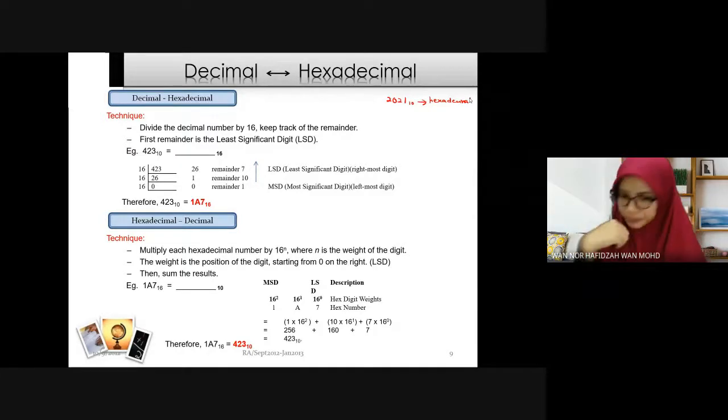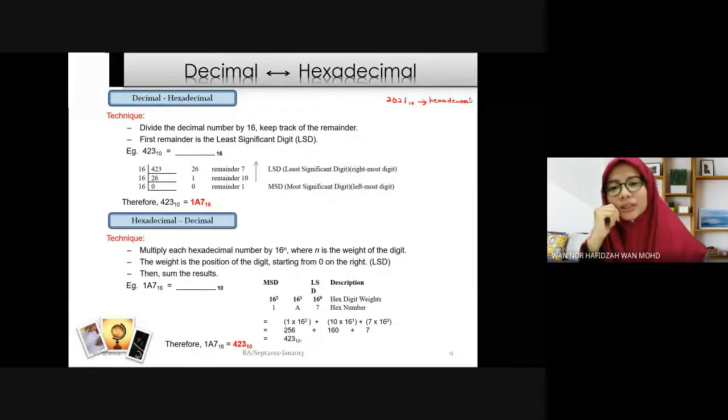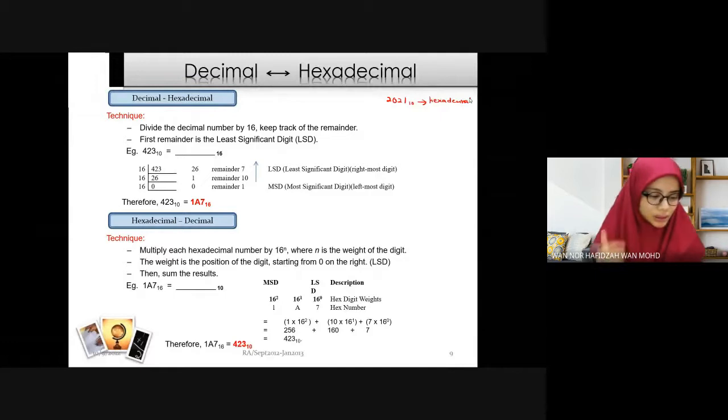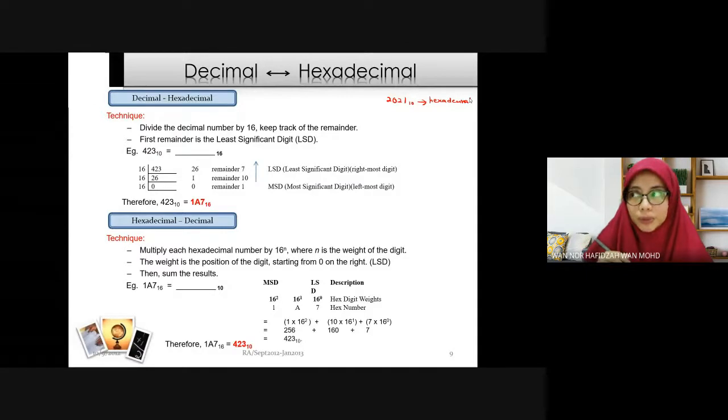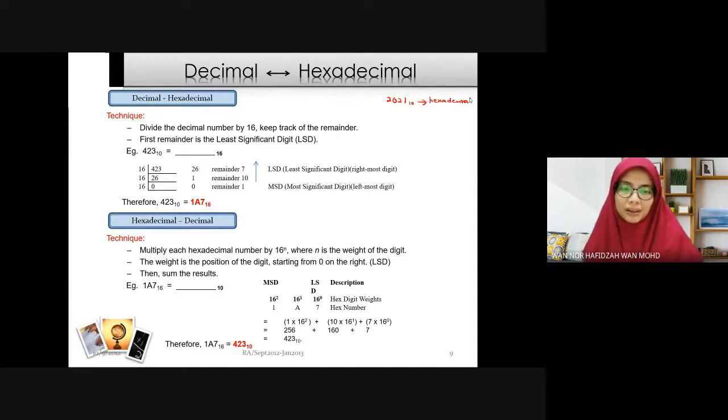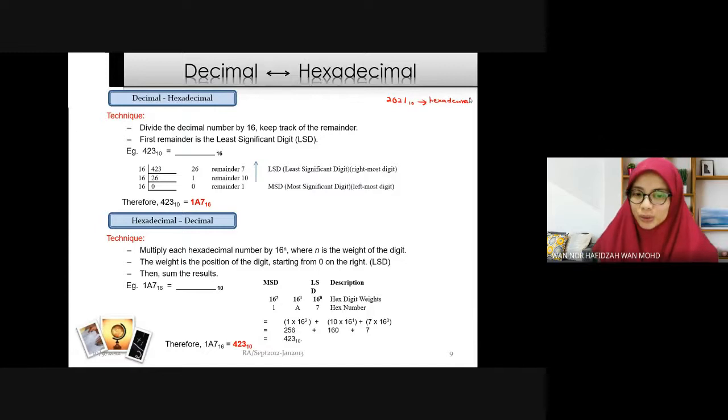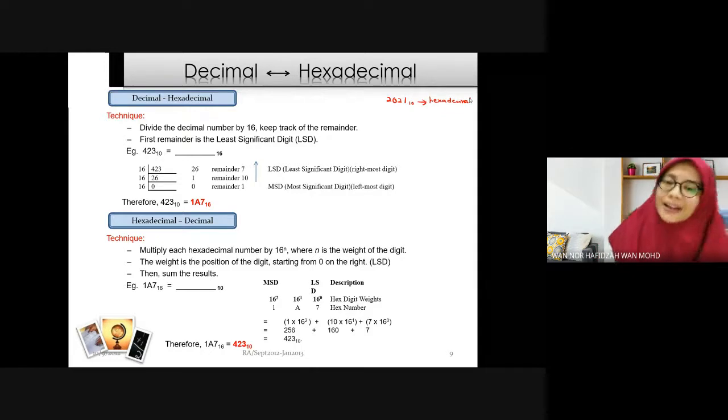But if the student writes, for example, the answer A in hexadecimal instead of A base 16, they still get full marks, because we know you understand. You just didn't write the base, but you wrote the numbering system. That is accepted.